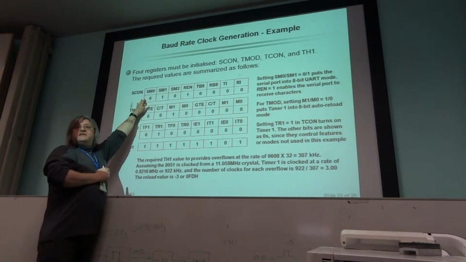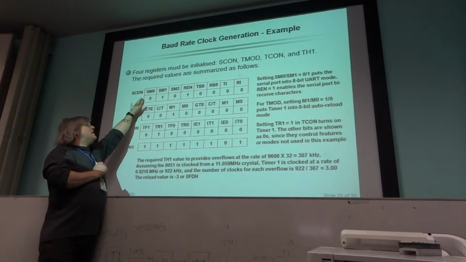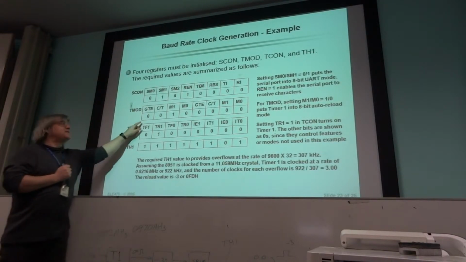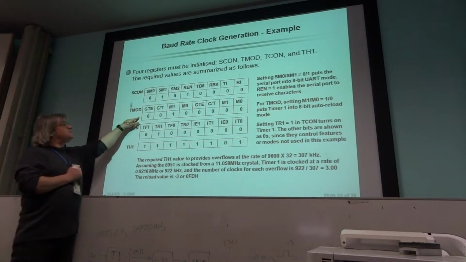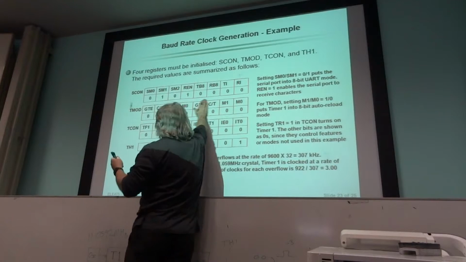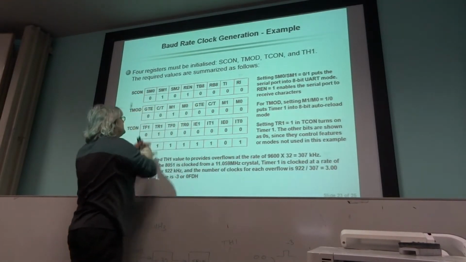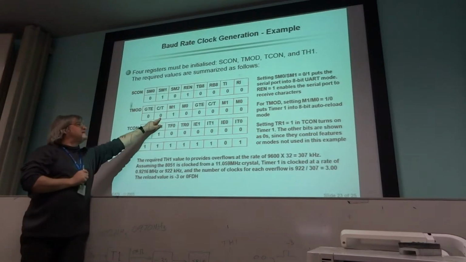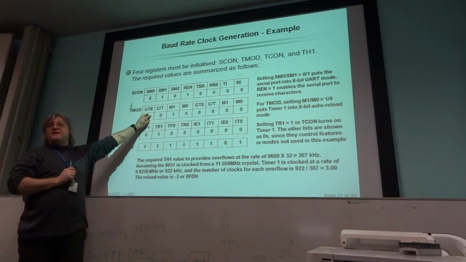That's configured the serial interface, saying I want it to be in mode 1, driven by timer 1. We've got to configure timer 1, so that's what this is doing, and these 2 things together. Now remember, those 4 bits are for timer 0. We're not interested in those. We're only interested in timer 1, which is these 4 bits, and we're putting it in timer mode, because this is low. We're not using the gate.